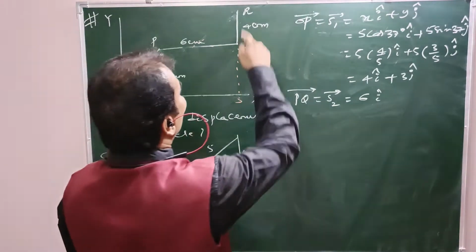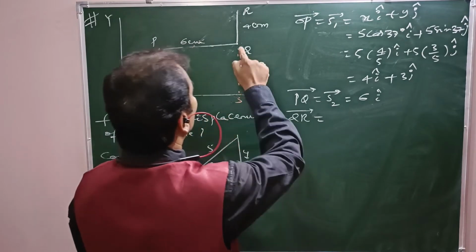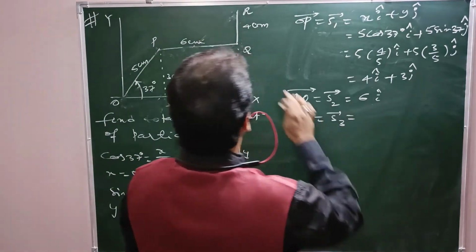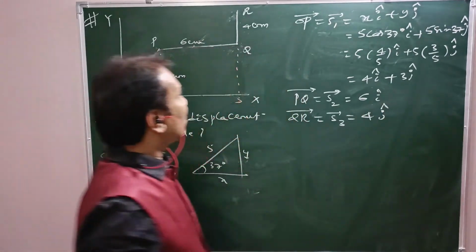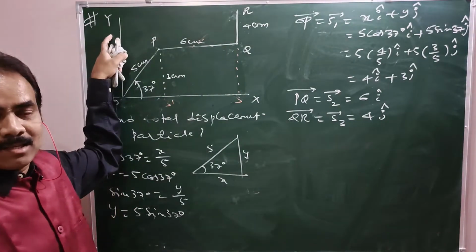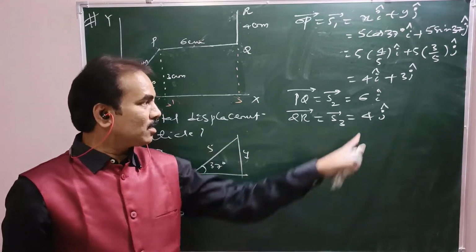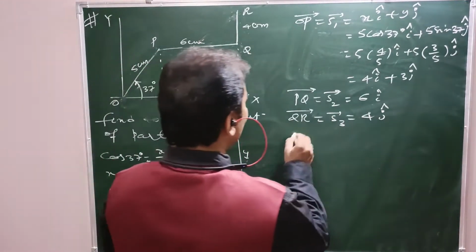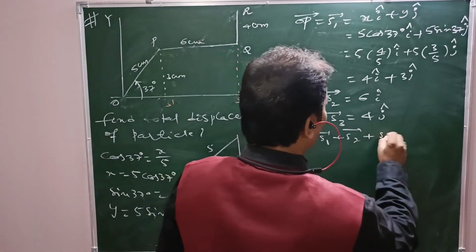Now what about QR bar? QR bar equals S3 bar equals 4 j cap. Why? Because this is parallel to y-axis. j cap is the unit vector along y-axis, that is magnitude 4 into j cap. Now what is total displacement? S bar equals S1 bar plus S2 bar plus S3 bar.